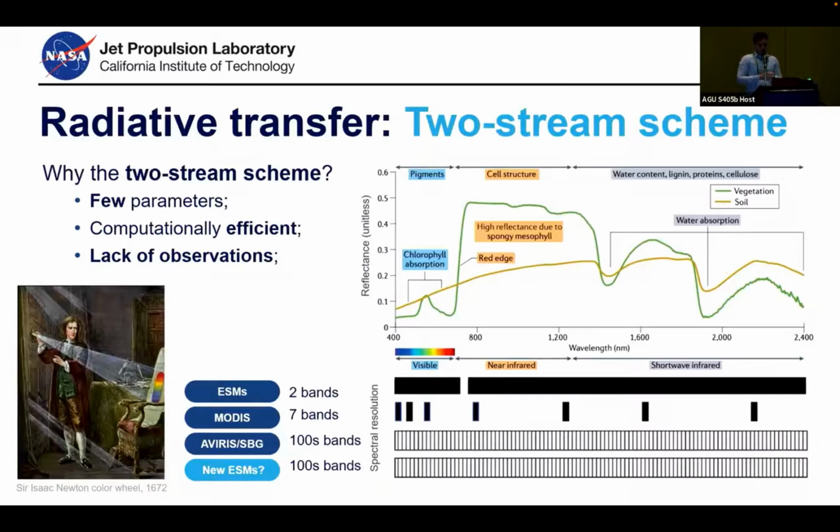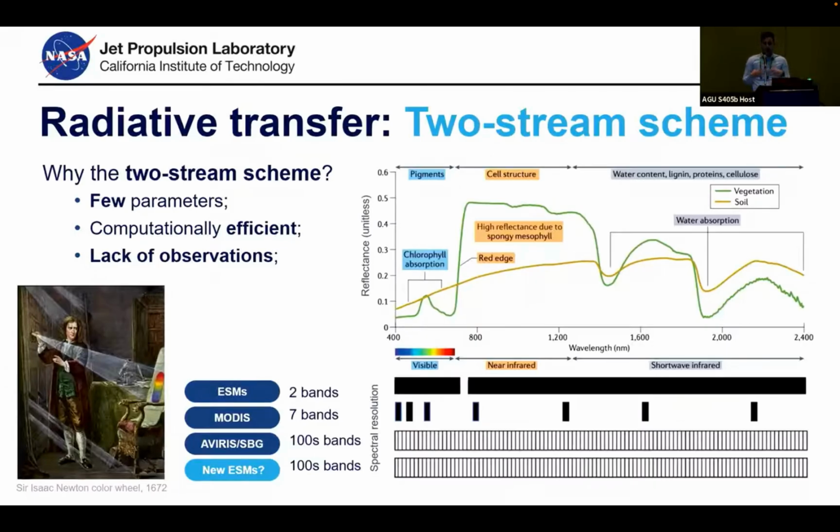But as we can see in this hyperspectral data set, with the green line showing vegetation and the yellow line showing soil, this whole hyperspectral curve contains a lot of information about leaf pigments, cell structure, water content, and so on.